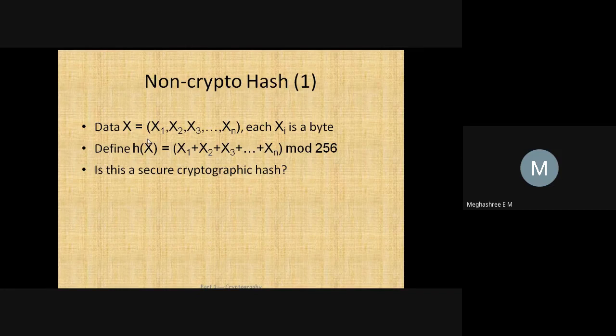According to the birthday problem that we discussed in the previous slide, 2 power of n divided by 2 tries will give you a collision, right?